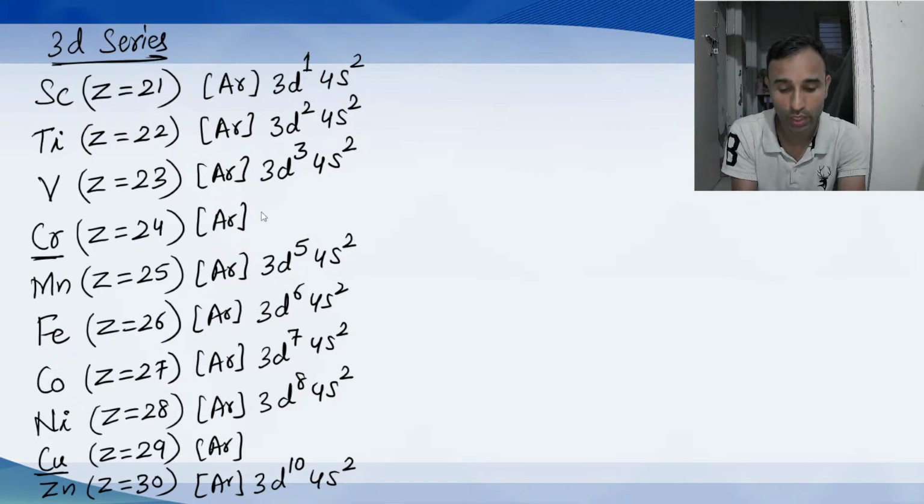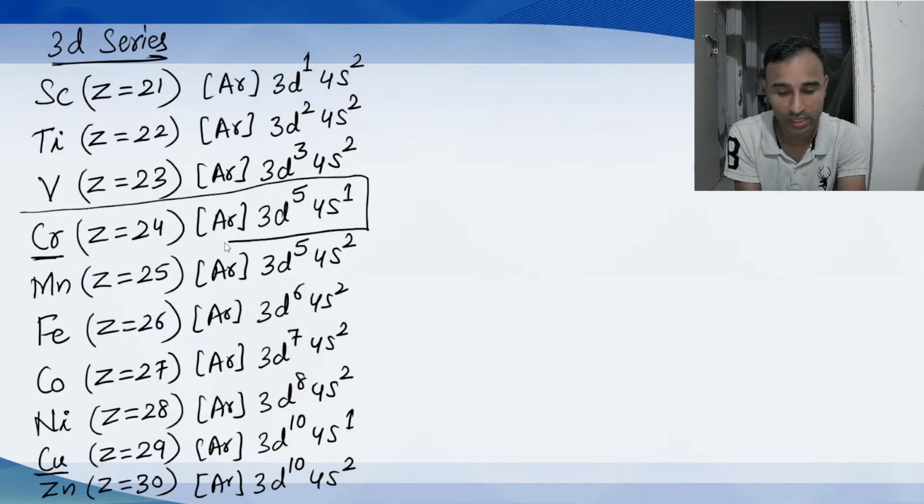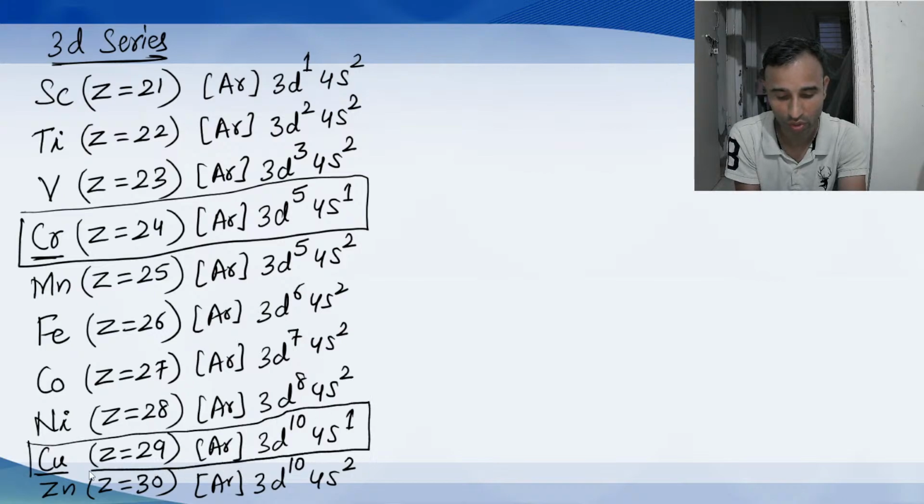So 24 is 3d5 4s1 and 29 is 3d10 4s1. These two are exceptions. Except them, all have normal electronic configuration.